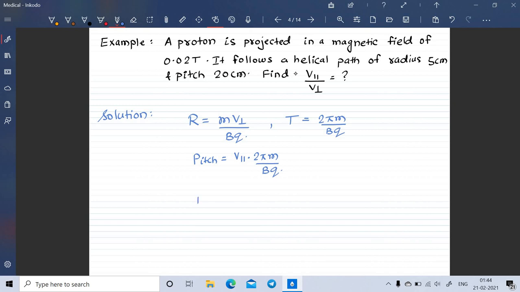Dividing pitch by r, therefore, v parallel by v perpendicular will be pitch by 2 pi r.